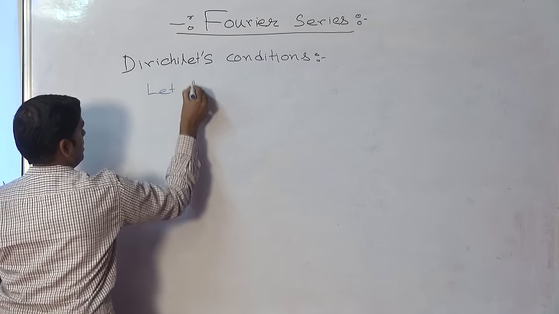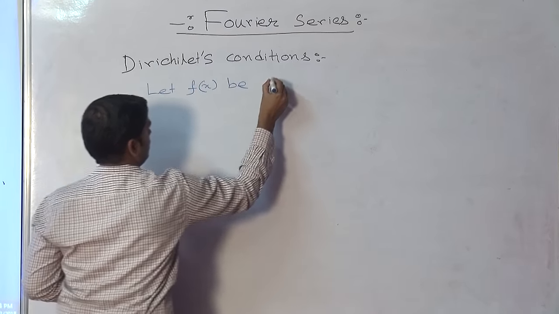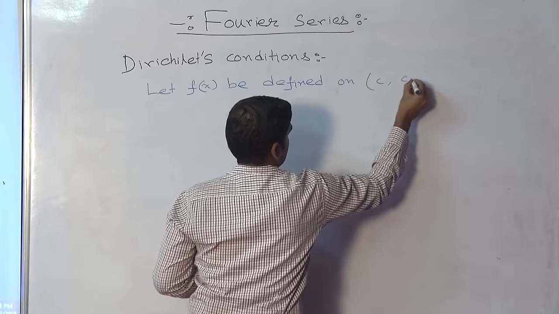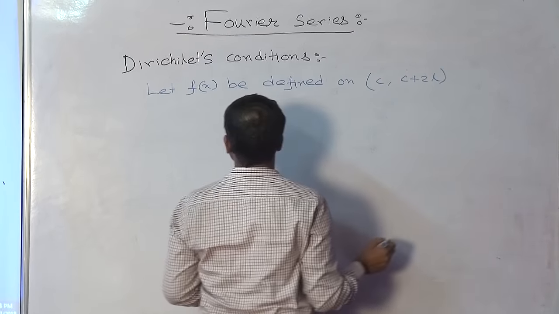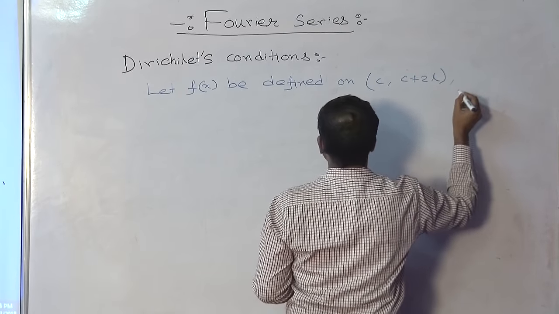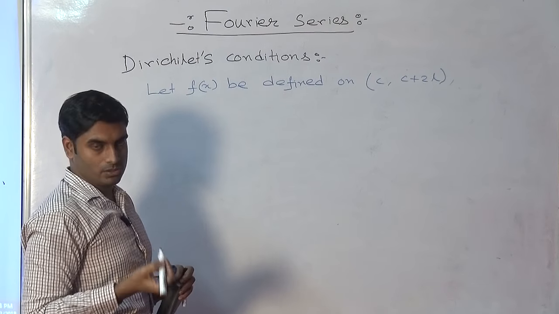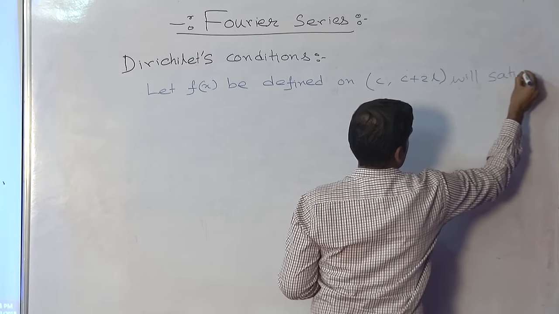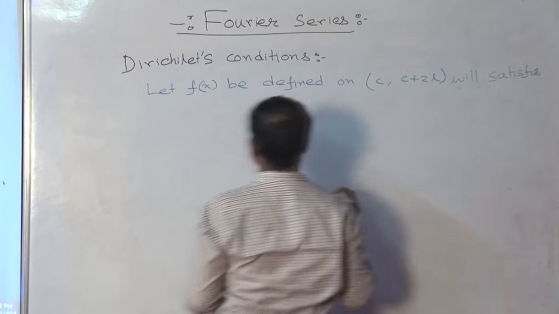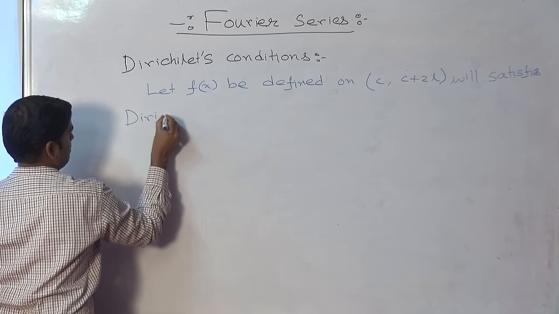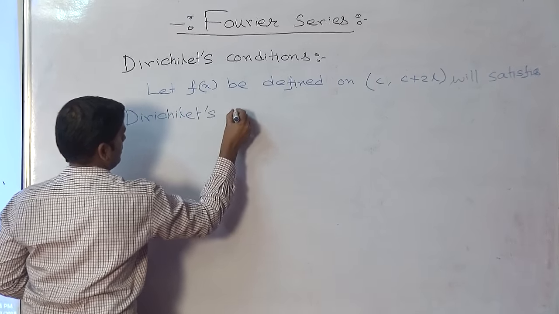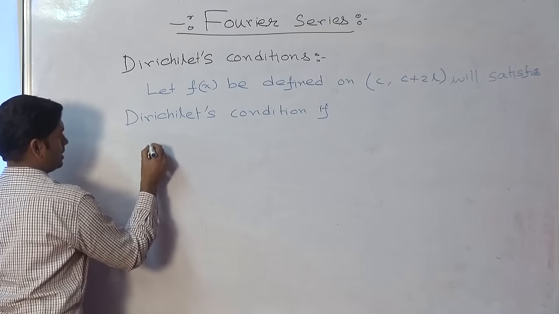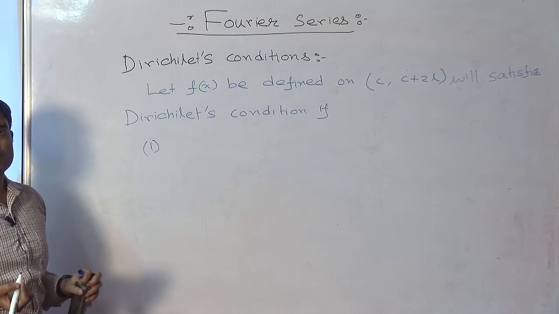Let f(x) be defined on c to c plus 2l. It will satisfy Dirichlet condition if, first condition is that the function should be periodic.